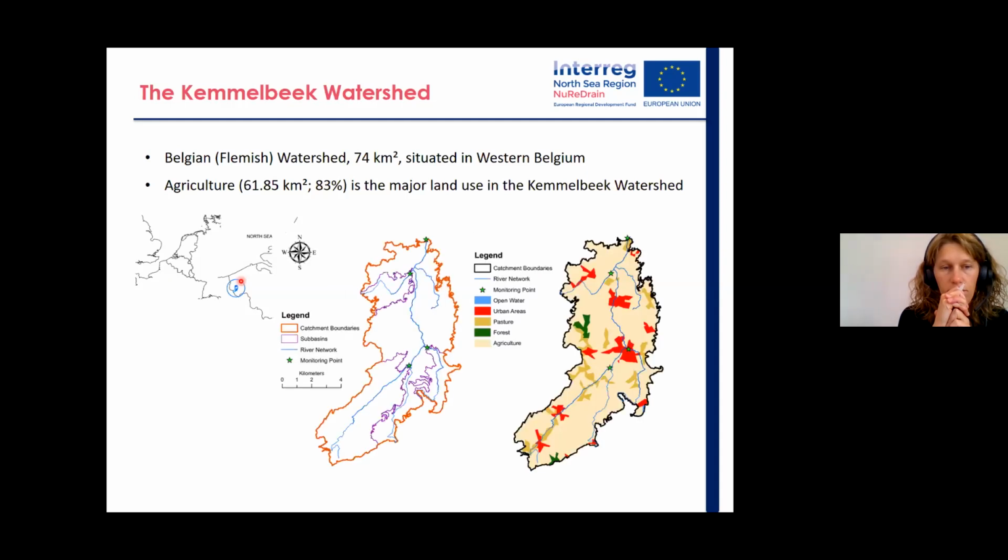It is predominantly agriculturally used, with a total area of 60 square kilometers, which is approximately 83% of the whole watershed. Hence we have large export rates of phosphorus from this watershed.